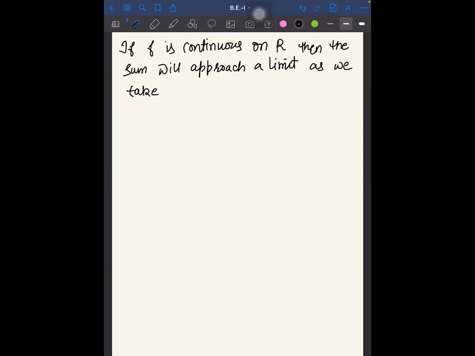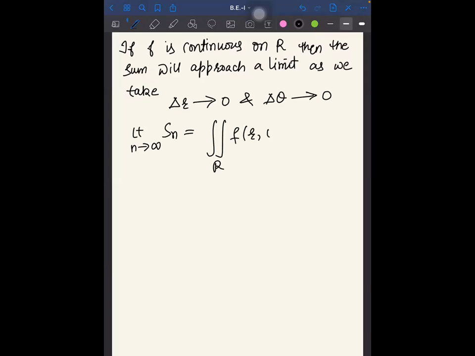So as we take delta R goes to 0 and delta theta goes to 0, we'll then write it as limit n tends to infinity Sn. So this will become double integral over some region R, which is with us. So this will become f of r theta and this will become dA. Is it right? Yes, sir.